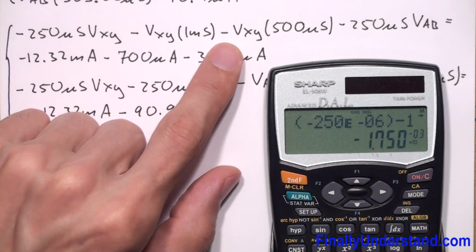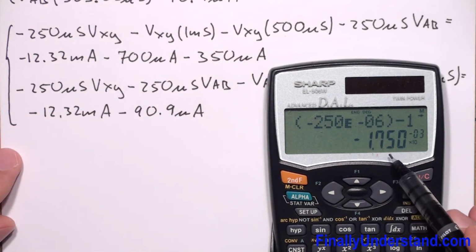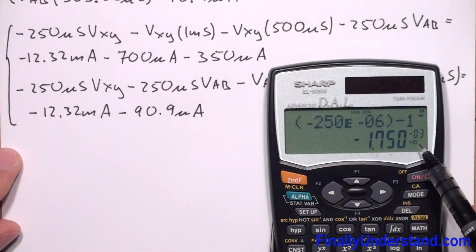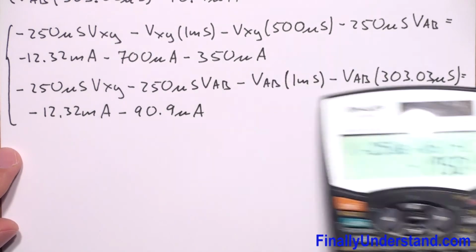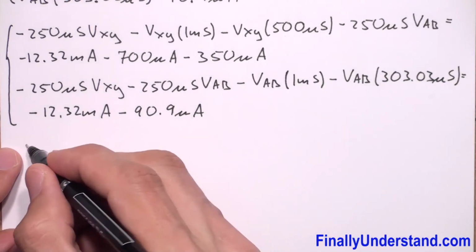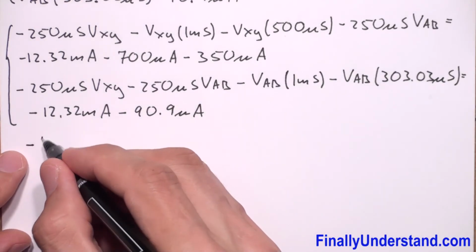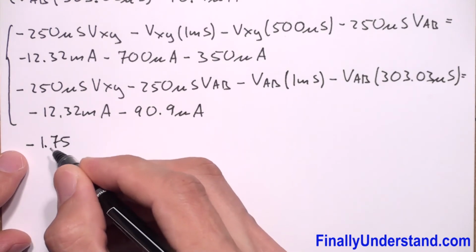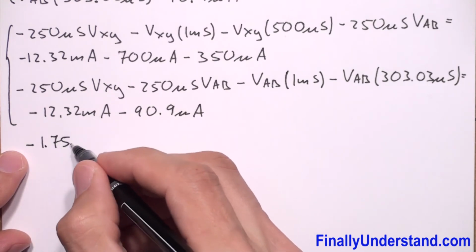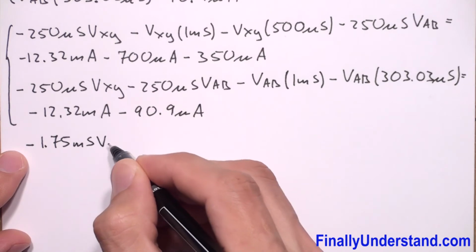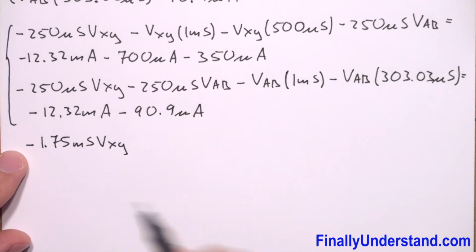This is equal negative 1.75 millisiemens VXY.